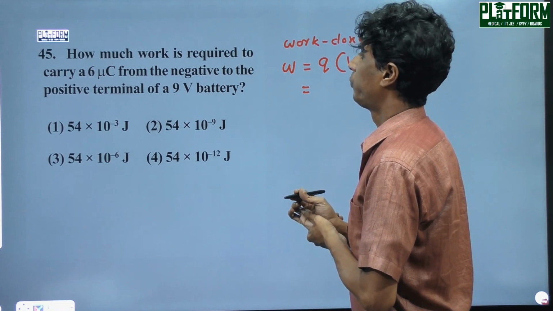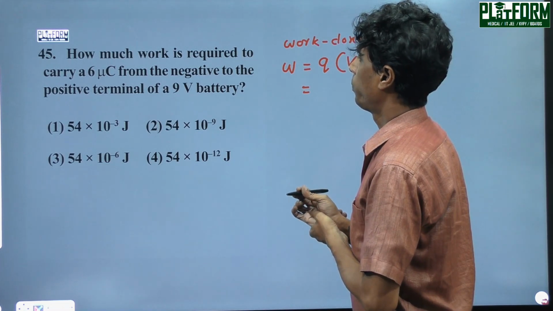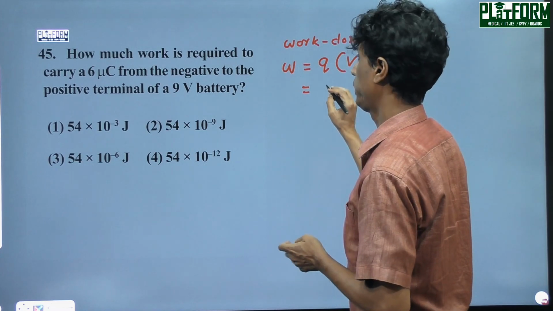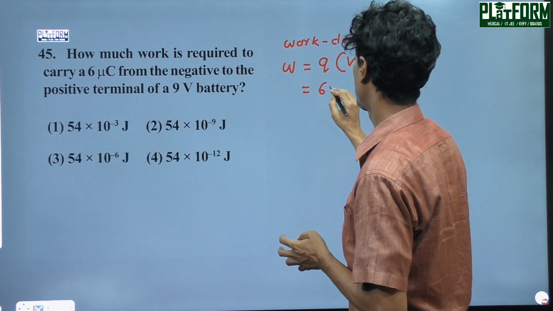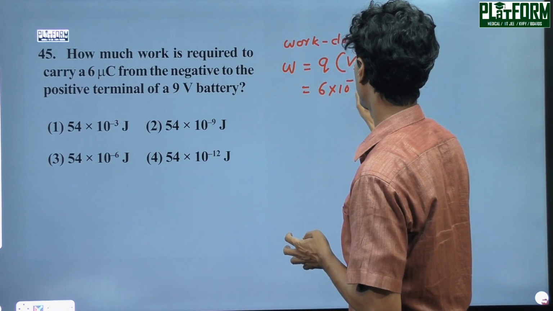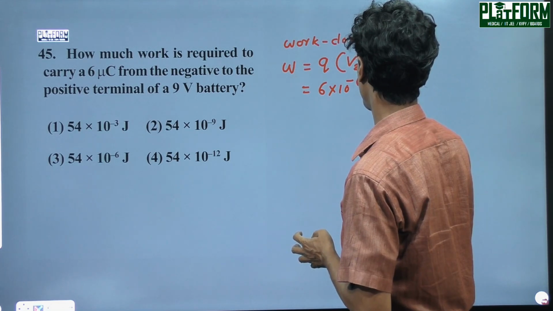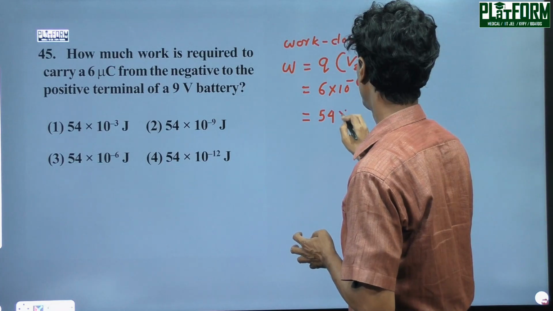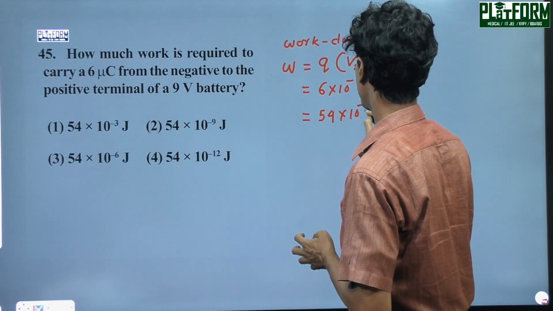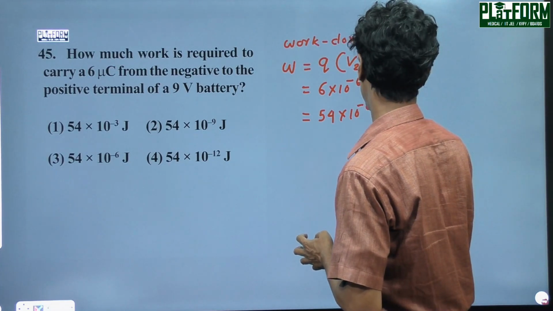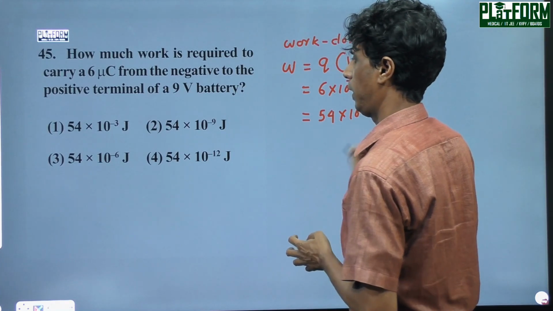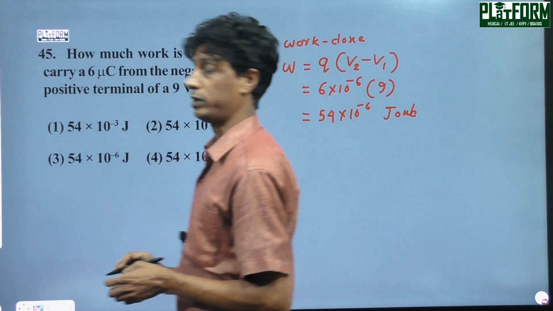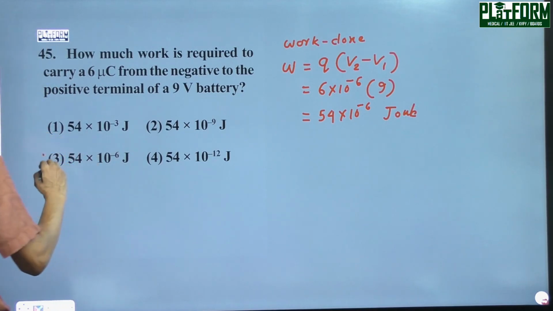The charge is 6 into 10 to the power minus 6 and the potential difference is 9, so this is 54 into 10 to the power minus 6 joule. The correct option matches with option 3.